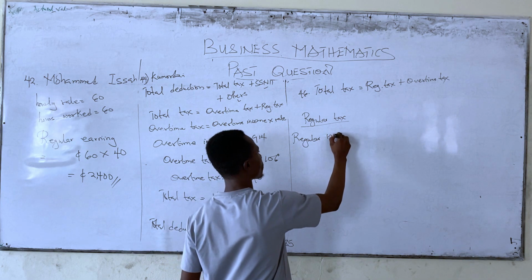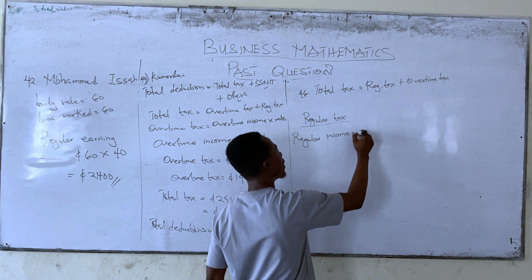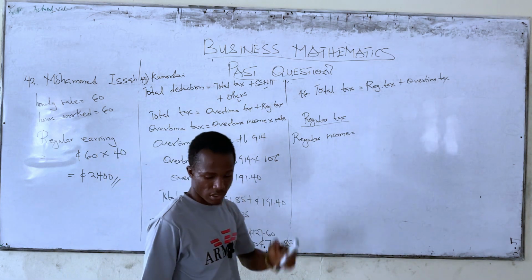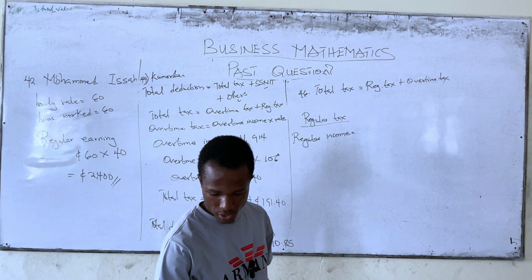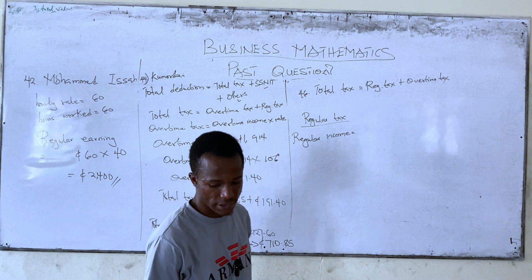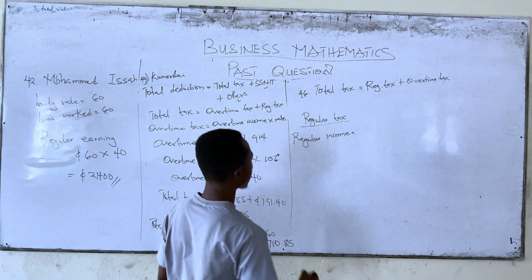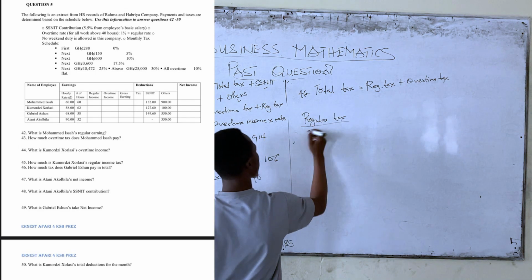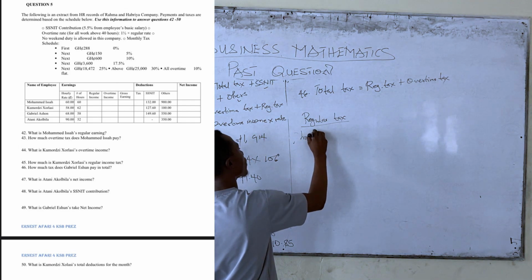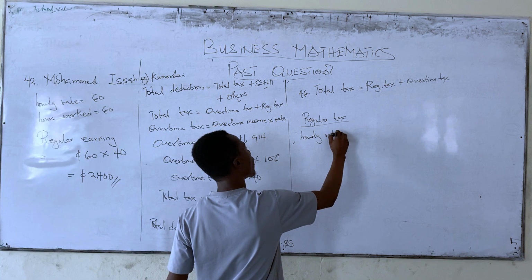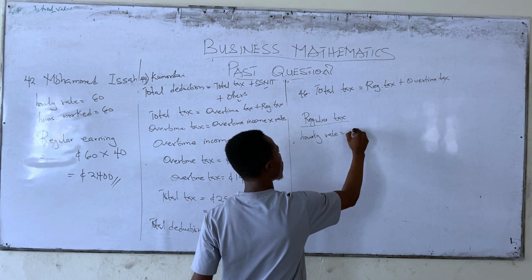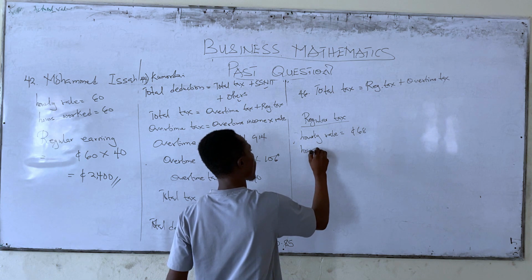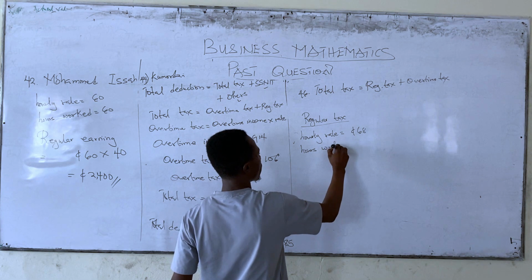So for the regular tax, let's first calculate the regular income. Let's check Gabriel from the table. The hourly rate is 68 and the hours worked is 58.